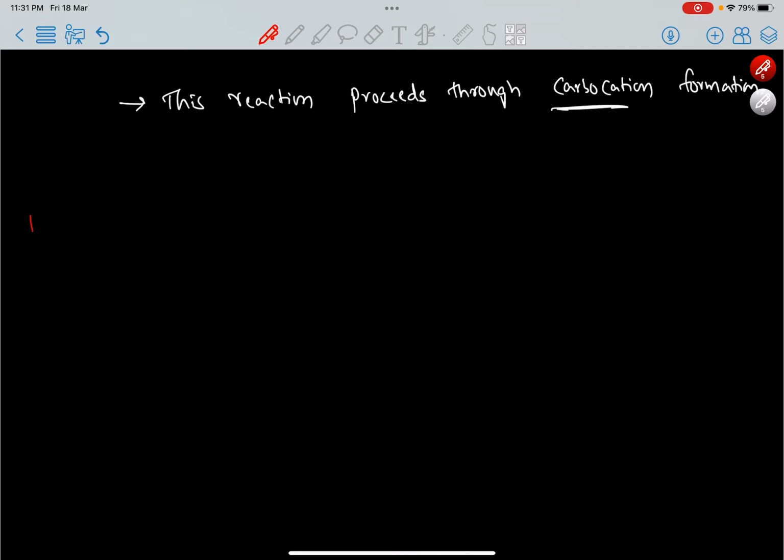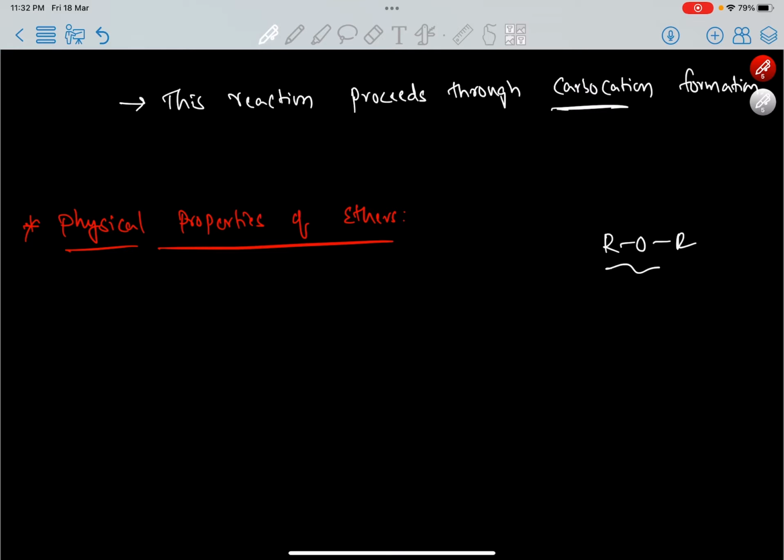Now let us study the physical properties of ethers. When we study physical properties, first we look at the structure and understand its properties.